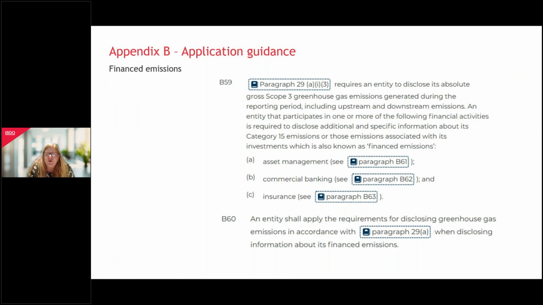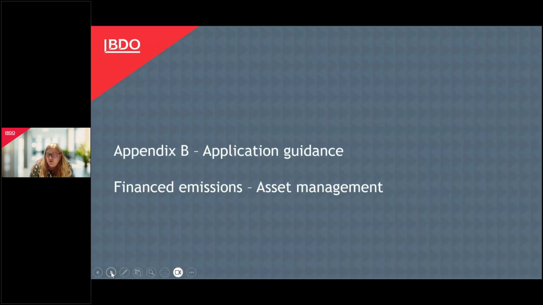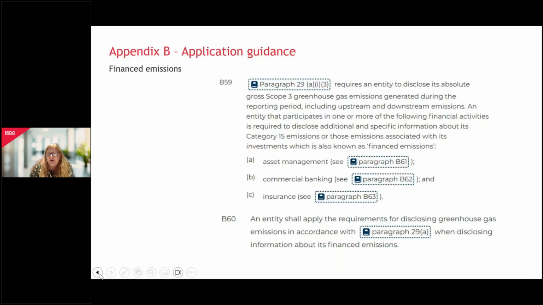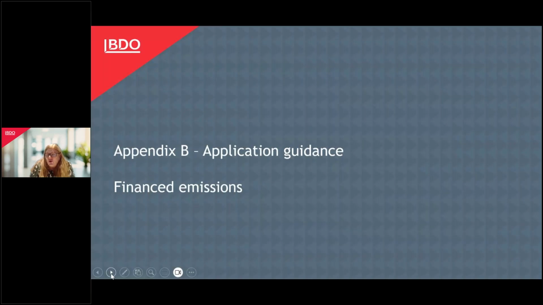So if you're in asset management, commercial banking, or insurance, you have to consider this. And an entity shall apply the requirements of disclosing greenhouse gas emissions in accordance with paragraph 29A, where they disclose this information, which is applying the Greenhouse Gas Protocol. So that is, if you look back, the general comments around financed emissions.